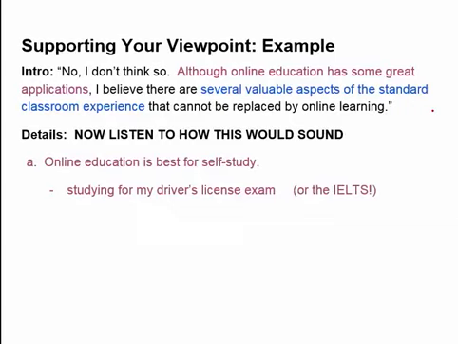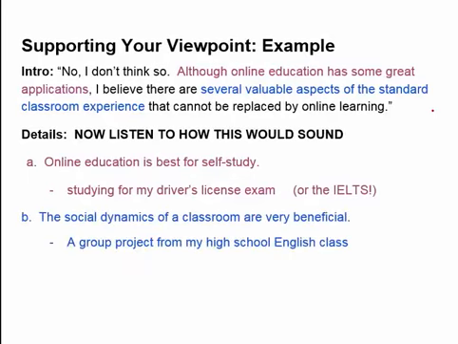For example, I got my driver's license in a very short amount of time because I was able to study by myself at home on a computer and really learn those facts about driving very quickly. But I do think that online education is not quite as good at some things that a traditional classroom can offer.